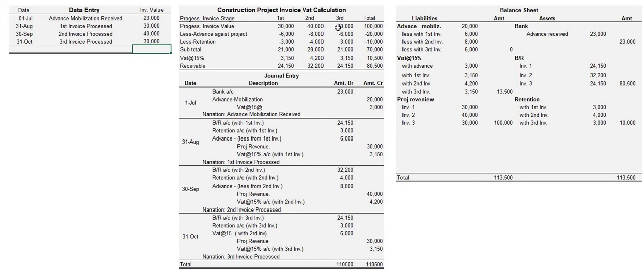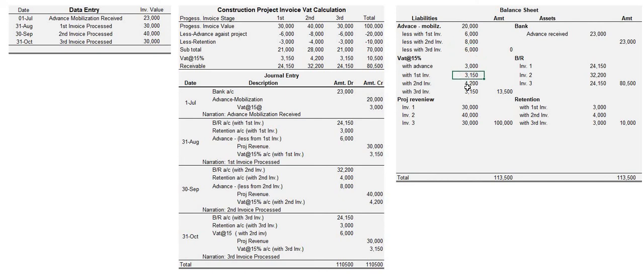All these things have been done in the same method we used in the previous 2 invoices. The important thing here is that our advance liability is 0 now, because all 20,000 of the advance has been deducted from our invoices.